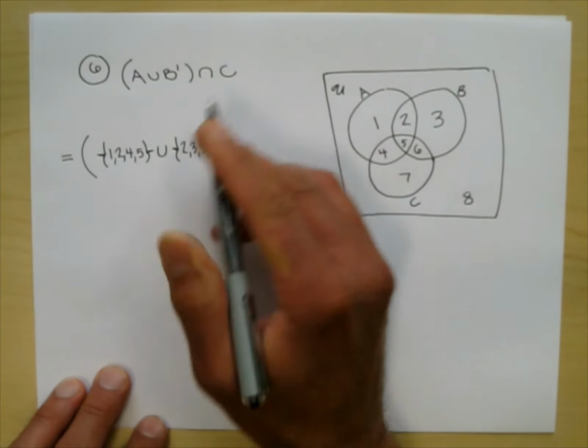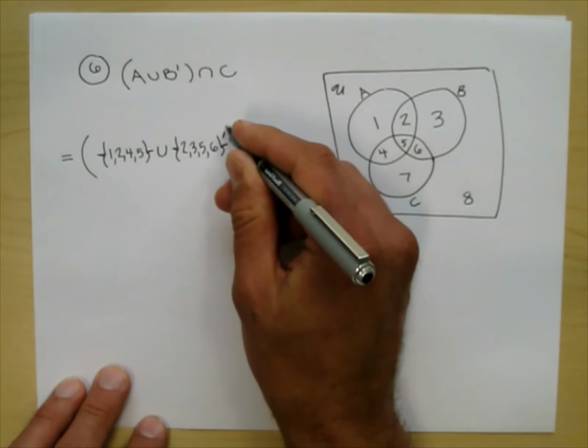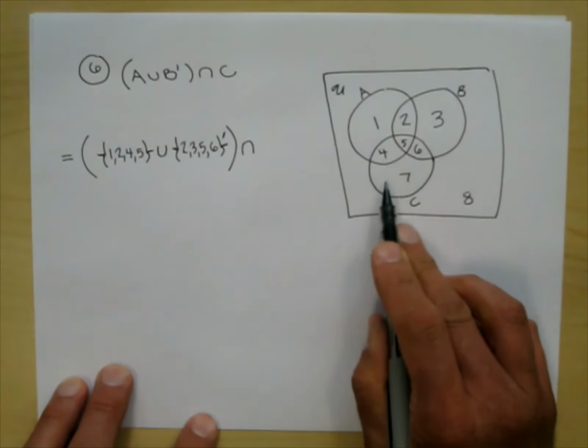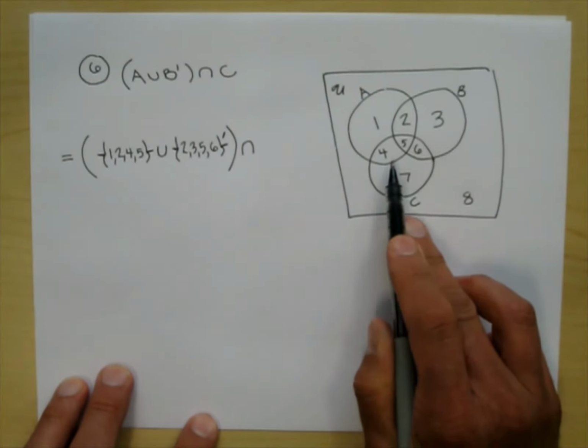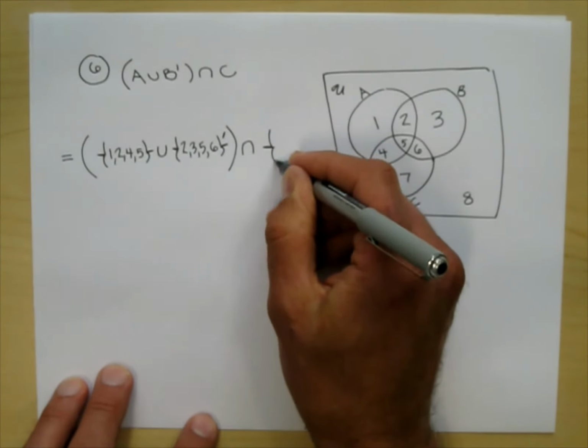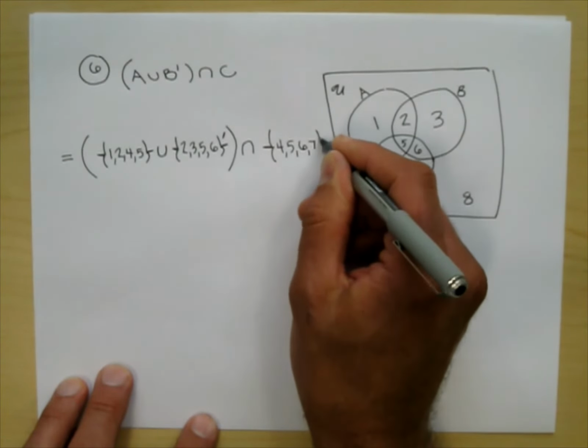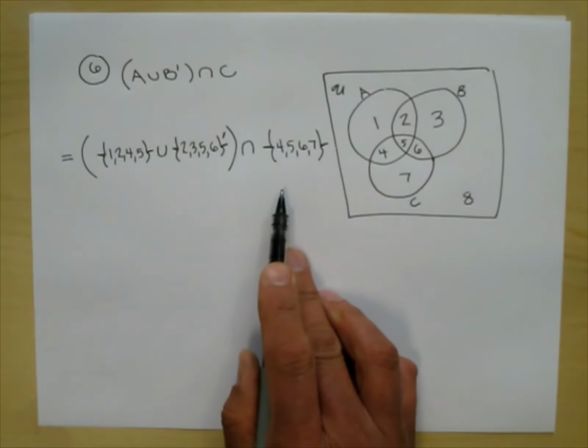I put the complement there because you have it right there. Parenthesis. Intersect. C has 4 numbers in it as well. 4, 5, 6, 7. Whew, almost didn't fit it.